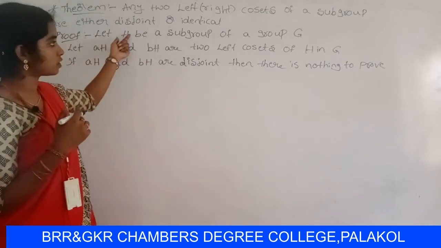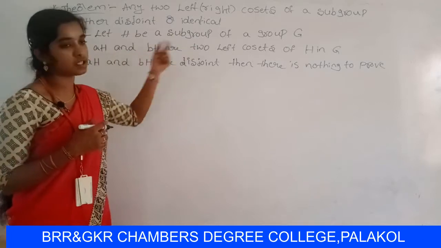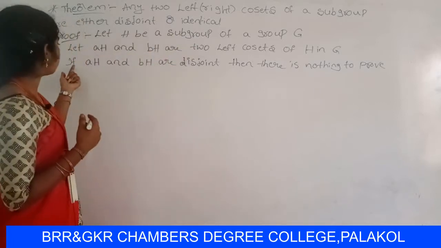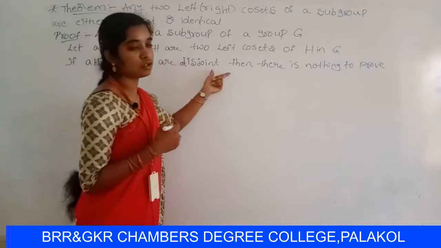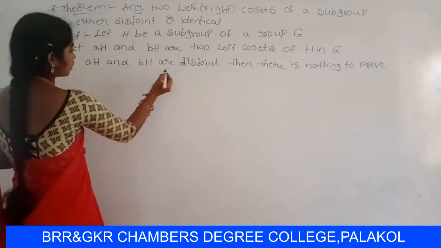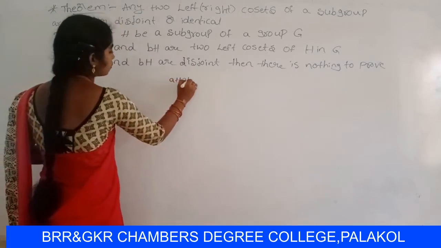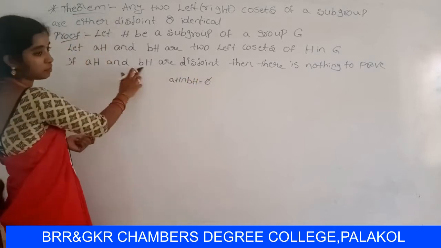So first, H is a subgroup of a group Z. Let AH, BH be two left cosets of H in Z. If they are disjoint, there is nothing to prove. Disjoint means AH intersection BH equal to phi.